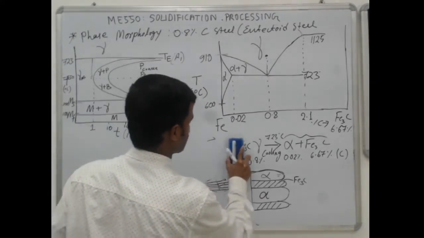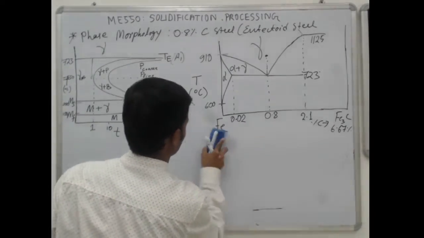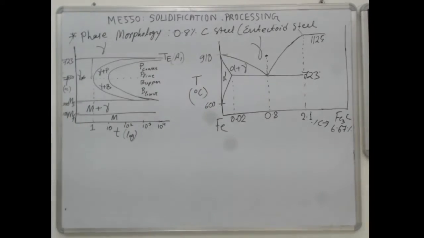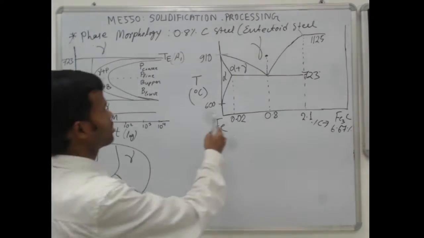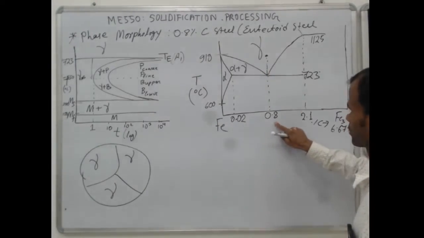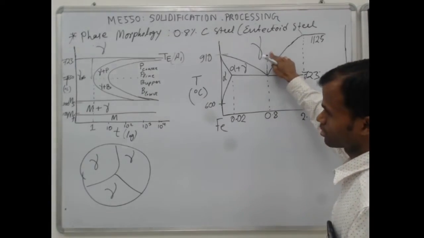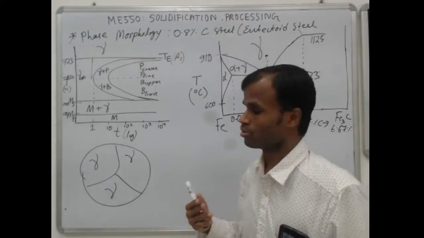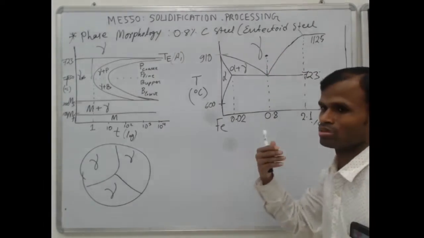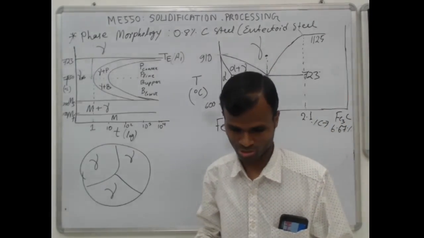Let me erase this. Suppose you have austenite, gamma, gamma, gamma. Austenite has 0.8% of carbon. At this temperature it is stable, but if you come down it will not be stable, so it will try to remove the excess carbon.